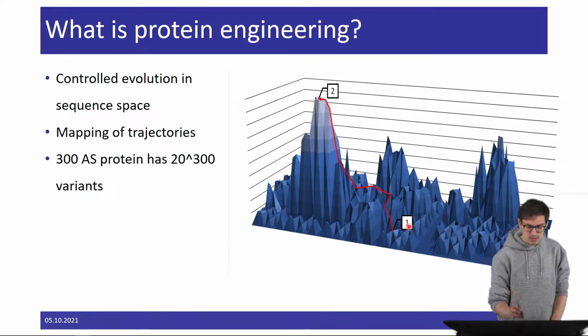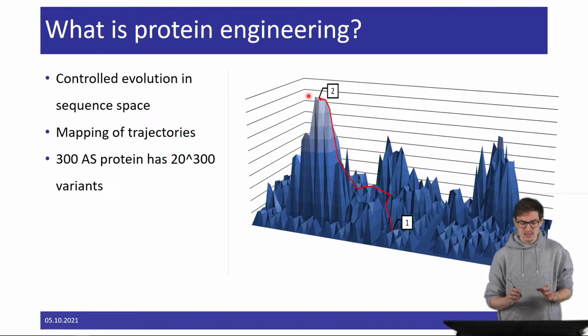So it is not guaranteed that in each possible case you will find the total global maximum of the sequence space. So we cannot only just say, let's just choose improved variants and try to improve them further. We have to find some sort of smart way to predict what is going to happen in the next round of experiments.